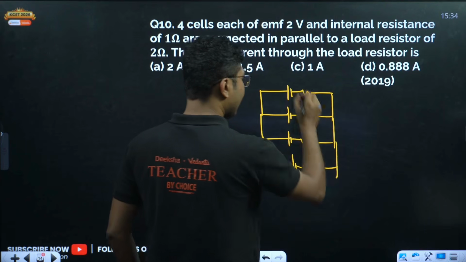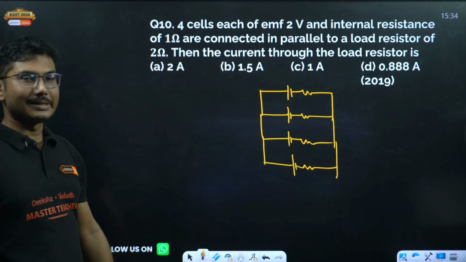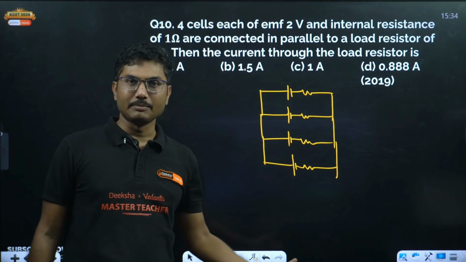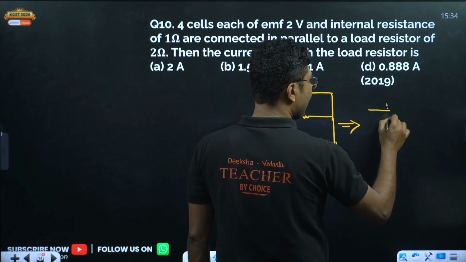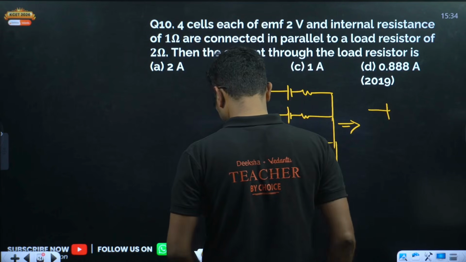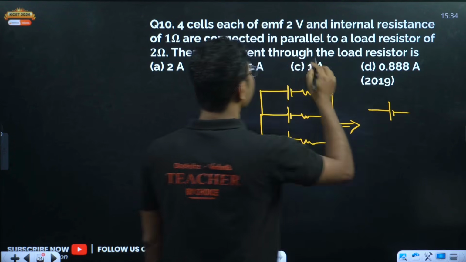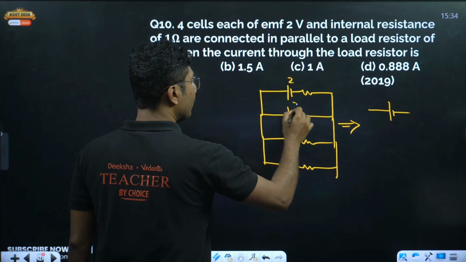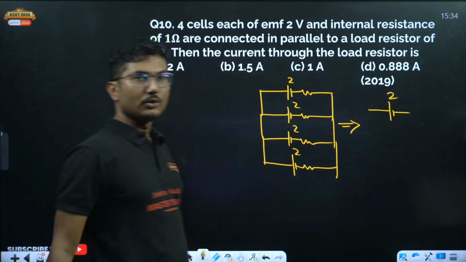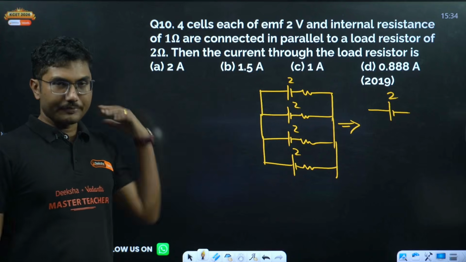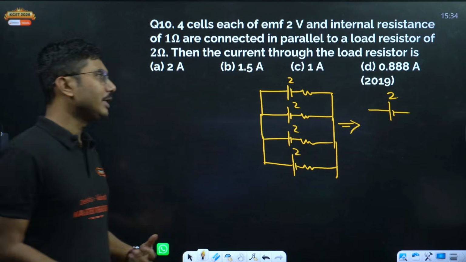When you connect identical cells in parallel, the equivalent EMF is the same as one of them. That means if each of them has 2 volts, the equivalent EMF will also be 2 volt, because in parallel combination voltage remains the same.